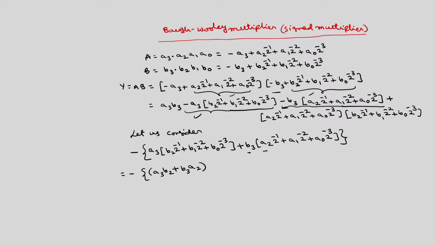This whole thing is 2 raised to the power of minus 1. 2 raised to the power of minus 2 is this term and this term, plus a3 b1 plus b3 a1. This whole thing is 2 raised to the power of minus 2, and the 2 raised to the power of minus 3 term will be a3 b naught plus b3 a naught.